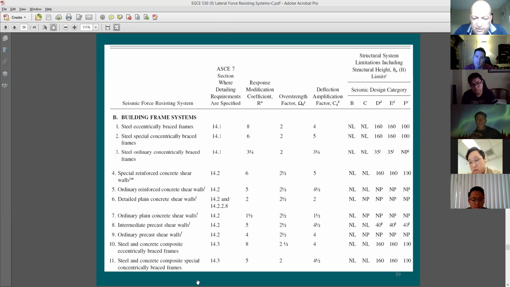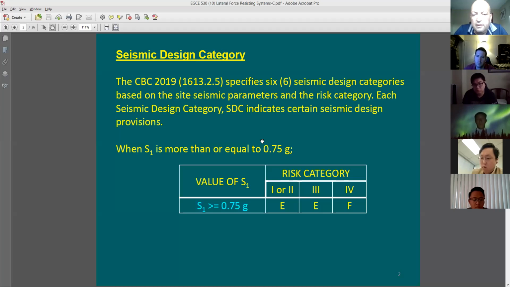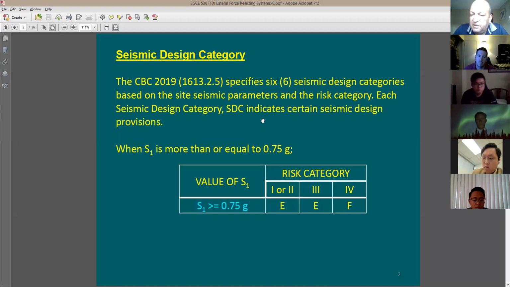I'm going to take you here to chapter 10. To figure this out, you need to have the risk category, S1, and SS.